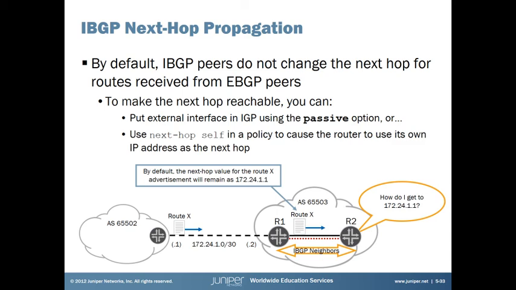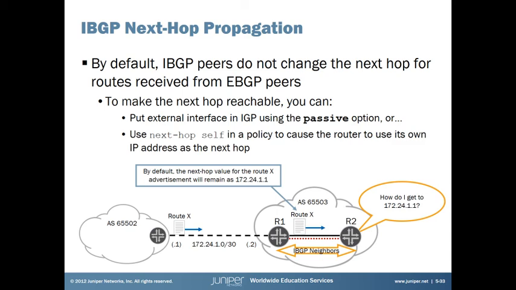If it is included as a passive interface, then that network, the 172.24.1.0/30 network, will be advertised by the IGP, and therefore R2 will know how to get to that network via R1. It will do a recursive lookup in its routing table, find that the next hop is via R1, and be able to send traffic there. That's one way of doing it.